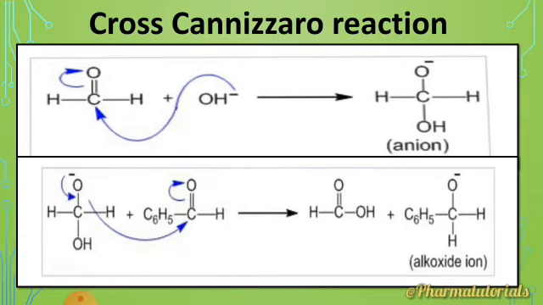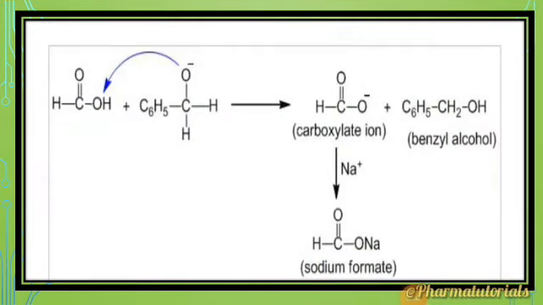In the second step, this anion transfers the hydride to the electron deficient carbonyl carbon of the benzaldehyde to give the carboxylic acid and also the alkoxide ion. Then in the last step, a proton is exchanged between the carboxylic acid and the alkoxide ion to give the salt of the carboxylic acid, sodium formate, and the alcohol.